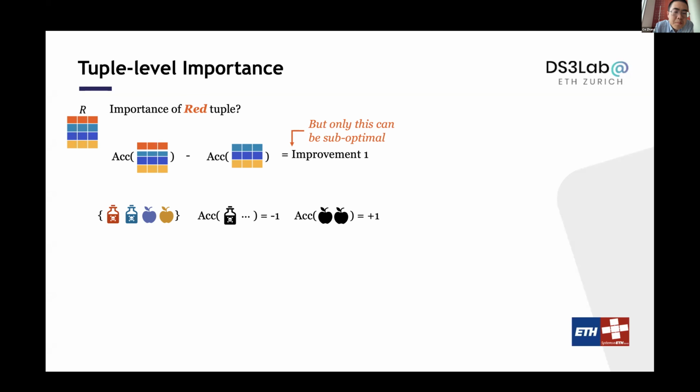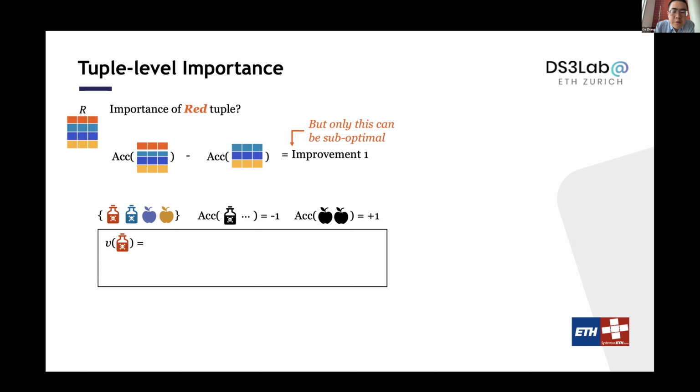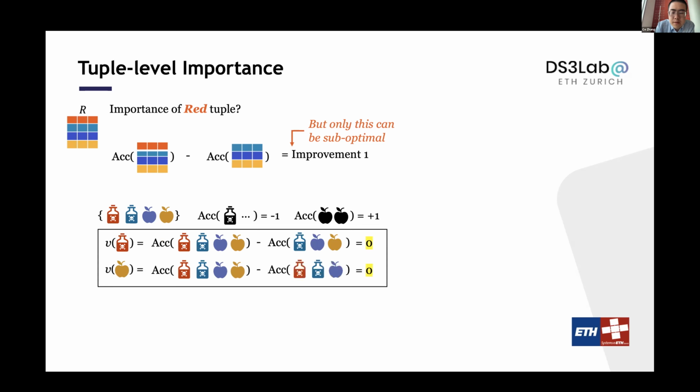For example, if you think about what is the value of this bad red tuple, in this case you are taking the difference between these 2 different data sets, and you get 0 because both of them have a bad tuple in them. If you then ask what is the value of this good tuple, you get something like this.